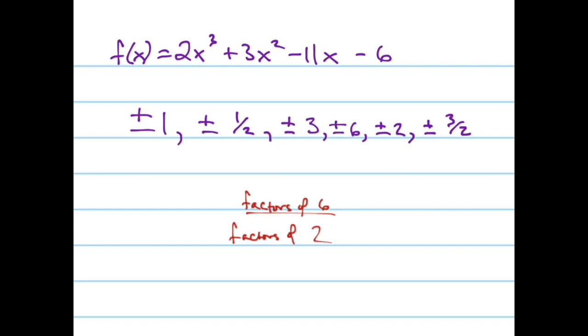Do they have any that you didn't have? No? Okay. That should be all 6 pairs, okay? Because factors of 6 are 1, 2, 3, and 6. Factors of 2 are 1 and 2, okay? The 6 over 2 is going to end up being a duplicate with 3. The 2 over 2 is going to be a duplicate with 1, so that starts to narrow them down a little bit.